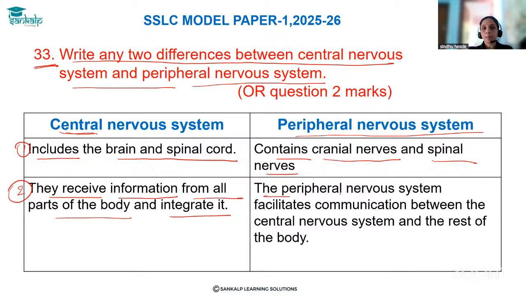But the peripheral nervous system facilitates communication between the central nervous system and the rest of the body. These two are the differences we can write about the central and peripheral nervous system.